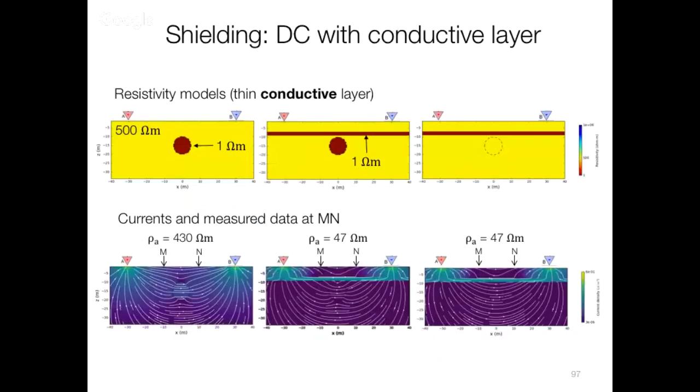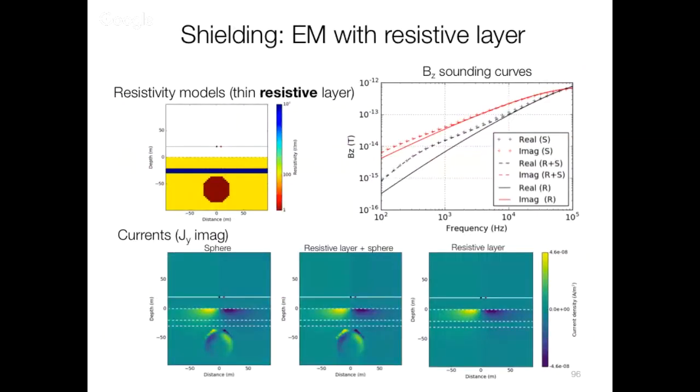Conductive layer, yeah. On the previous slide, if our target was the resistive layer, I'm sorry? If the target was the resistive layer, you need to do DC resistivity. So that's interesting, it depends on what it is you're looking for.